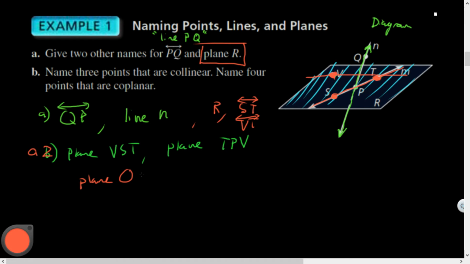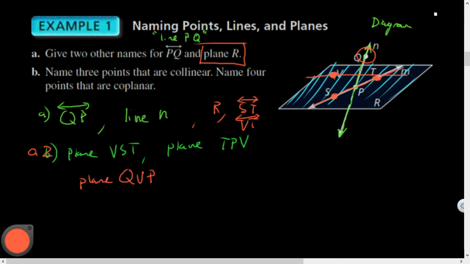Yeah, so QVP. In fact, any of them would have to contain point Q, that's the only point I currently have labeled that is not on the plane. And so any plane that passes through or includes that point would not be included.